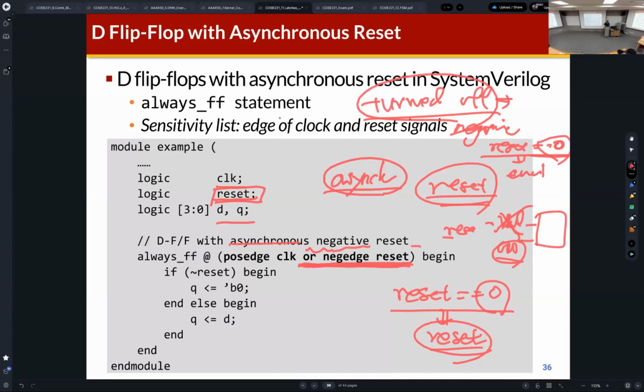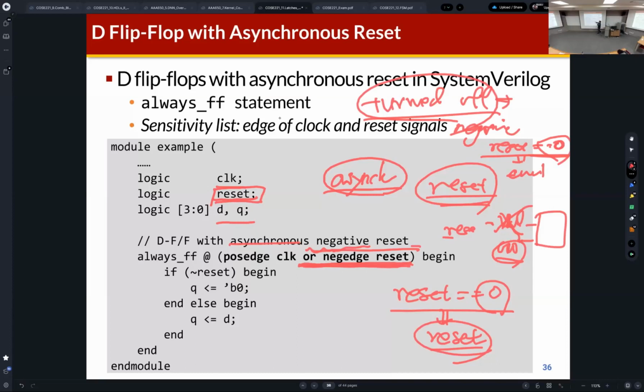That's why we use asynchronous reset in digital systems. Okay, you understand? When the electric device is turned off, usually the reset signal becomes 0. Then we need to define the reset state when the reset signal becomes 0. That's why we use the negative reset.